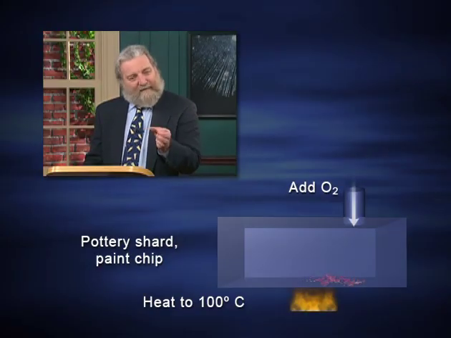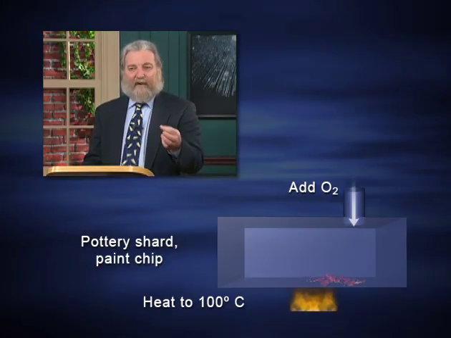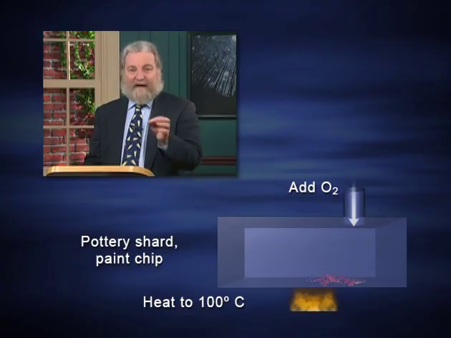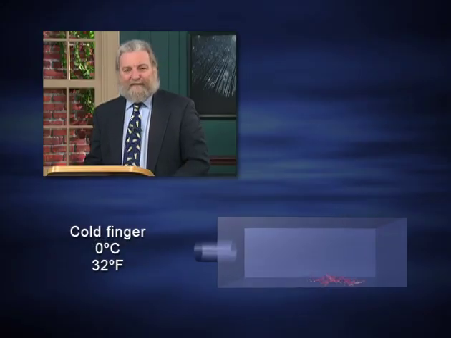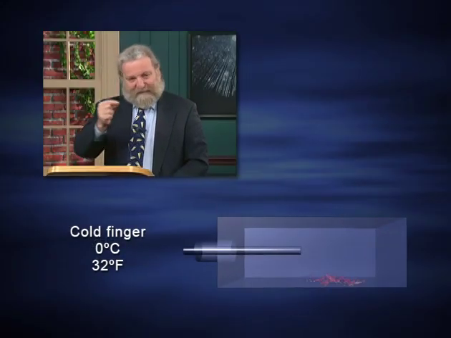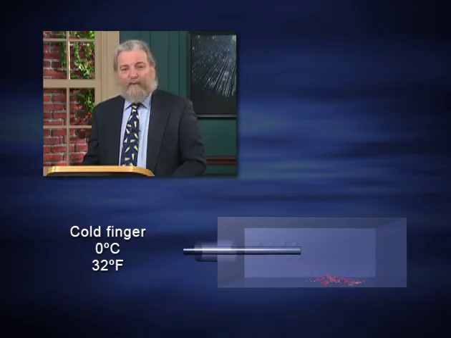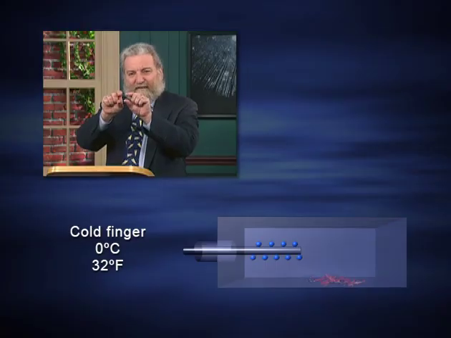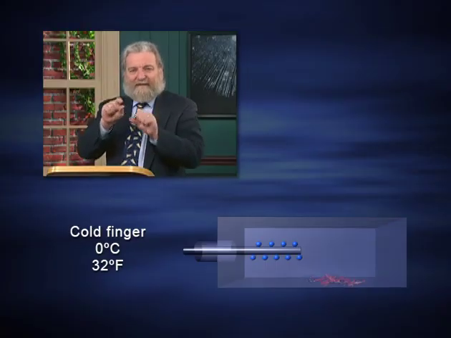You will again, out of that shard of painting, get carbon and hydrogen released, and so again will form carbon dioxide and H2O, water. To separate these two, you slide in a finger that's at about 0 degrees, so water freezes on it, and all the water molecules find this cold finger, stick to it, and make a little layer of ice.